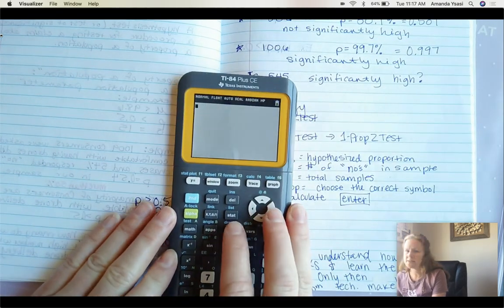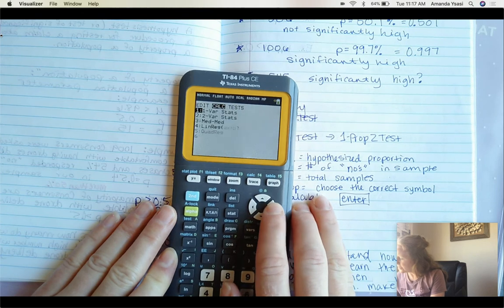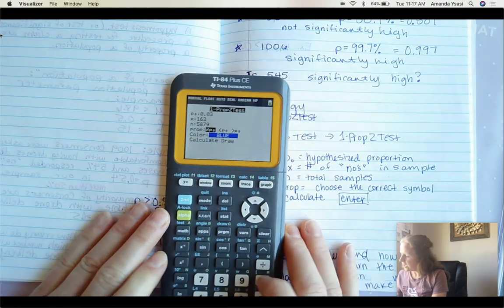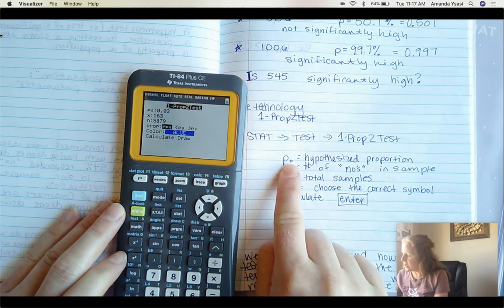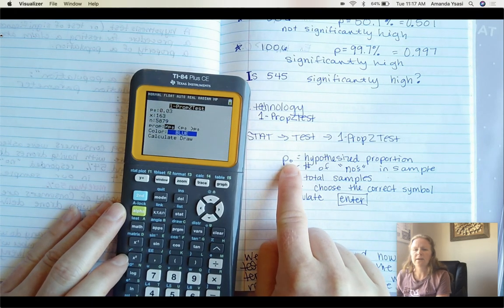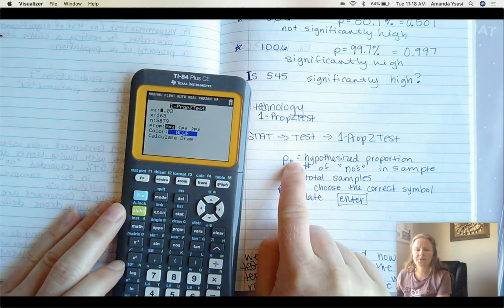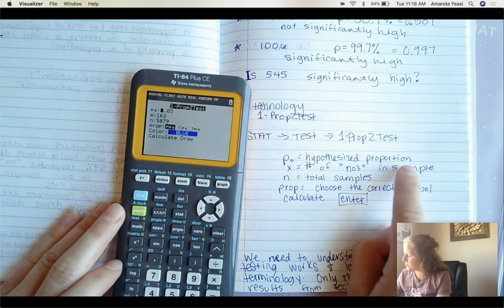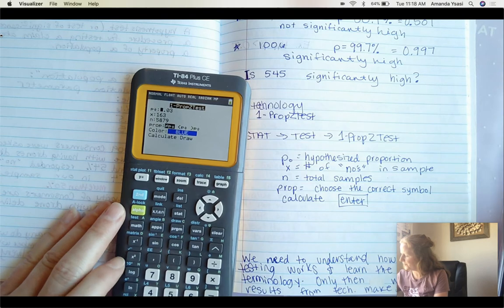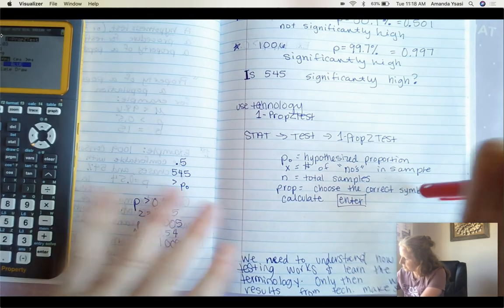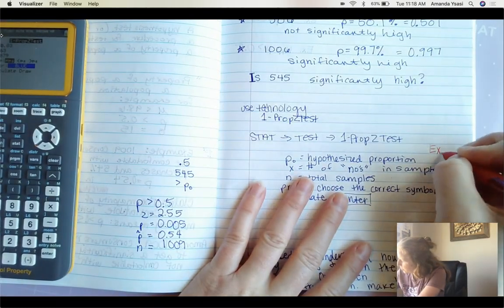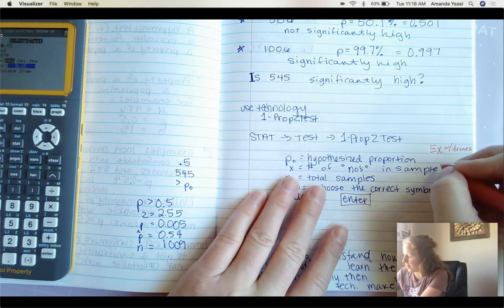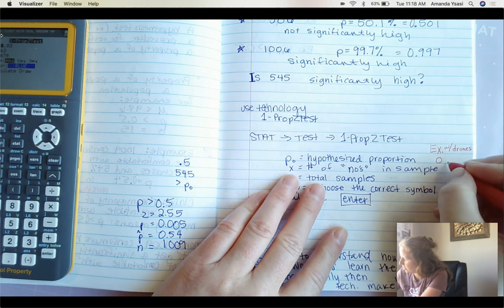Okay, so stat, test, one prop z-test. And then p naught, that's what that subscript of 0 means. That's your hypothesized proportion. So in this case, for the example with drones, our hypothesis is 0.5.